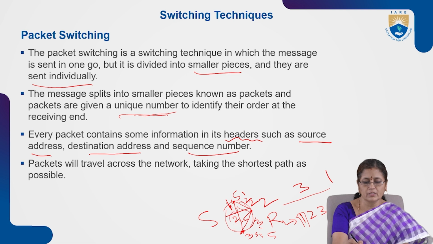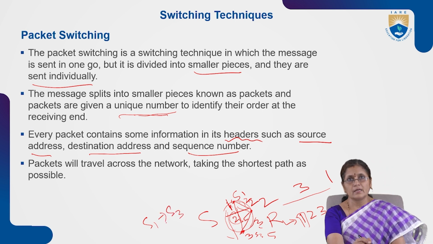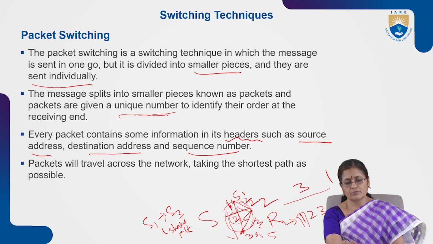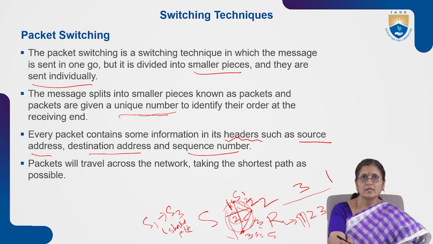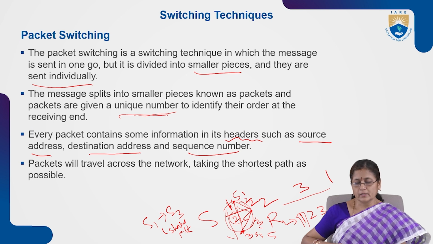So the value of the path S1 to S3 is less, hence S1 to S3 is the shortest path compared to S1 to S2, S2 to S3. So the packets will travel across the network taking the shortest path possible.